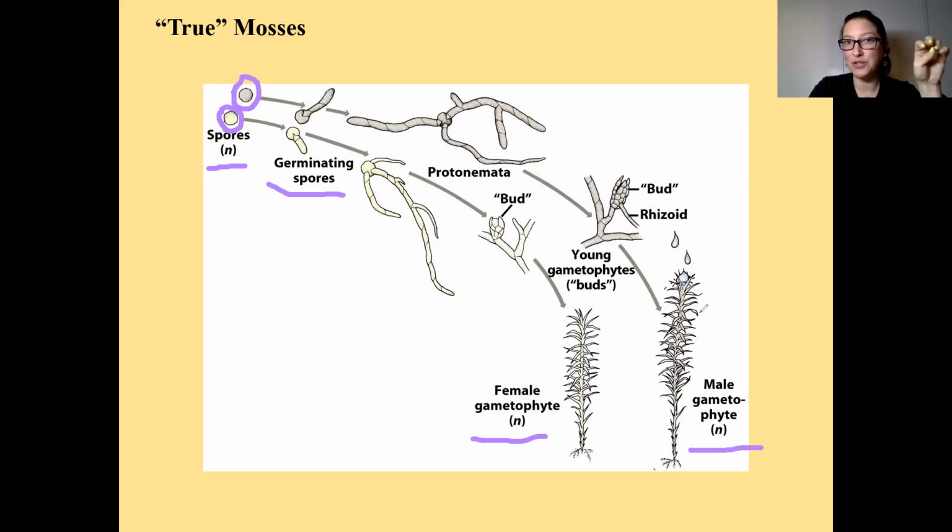So how would you describe these gametophyte plants? Would you describe them as monoecious or dioecious? So there's one plant that has female sex organs, and there's one plant that has the male sex organs.